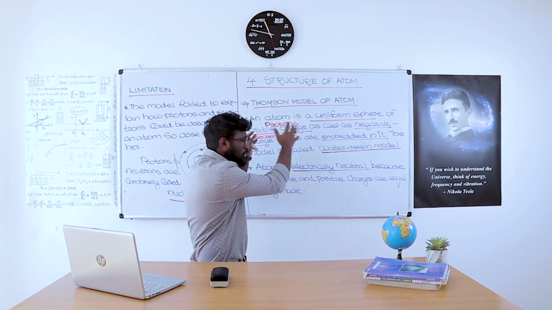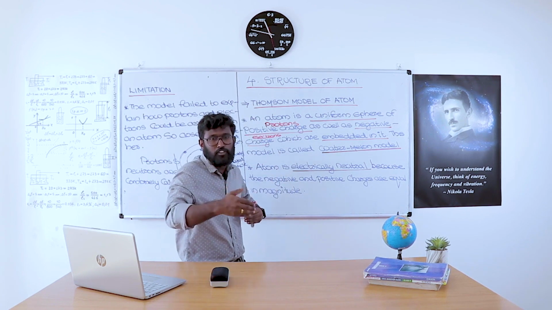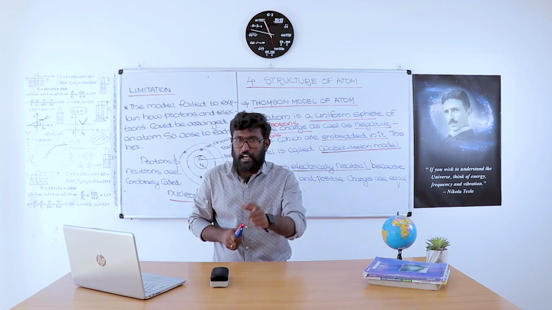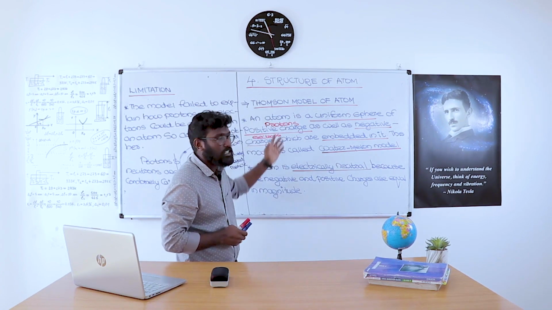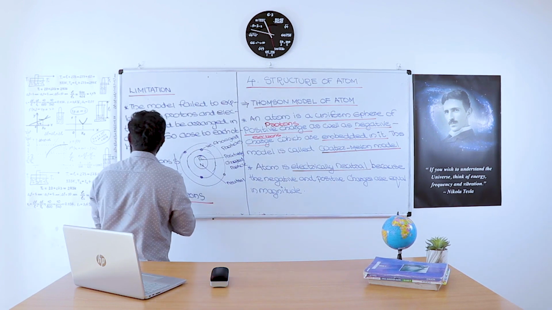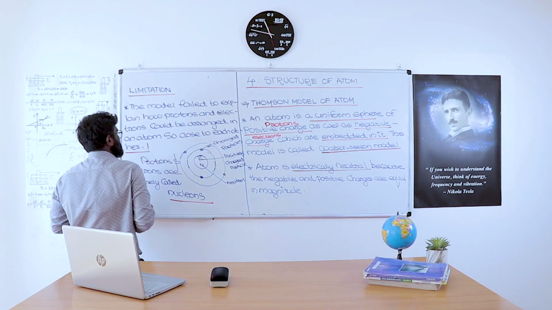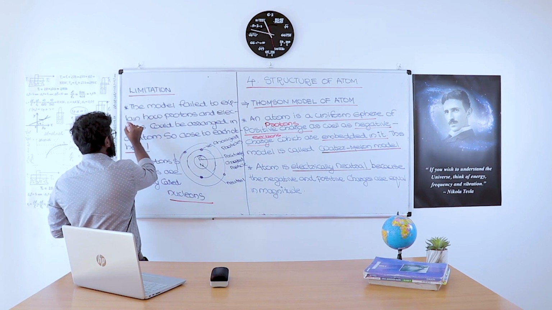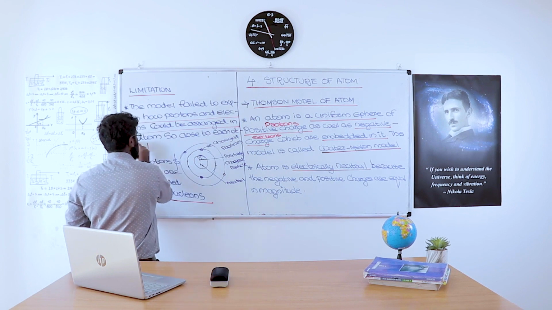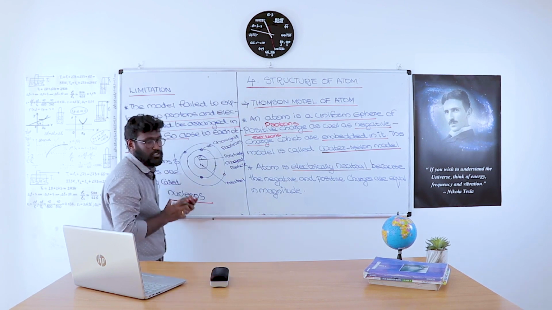If it is totally correct, then there will be no chance of a new atom model. So if a new atom model arises, that means there is some limitation regarding the Thomson atom model. What is that limitation? The limitation is that the model failed to explain how protons or electrons could be arranged in an atom so close to each other.